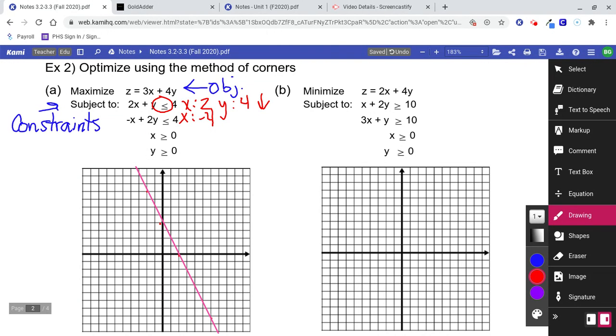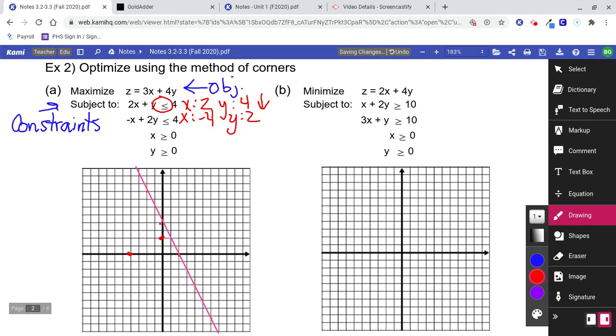So 1, 2, 3, 4. There's going to be a dot right there. For the Y-intercept, you let X equal 0. I would see 2Y equals 4. So then Y must equal 2. There's going to be a dot right there.